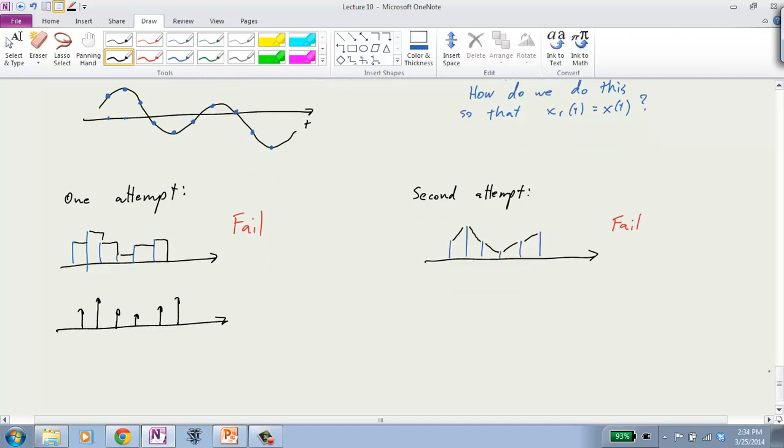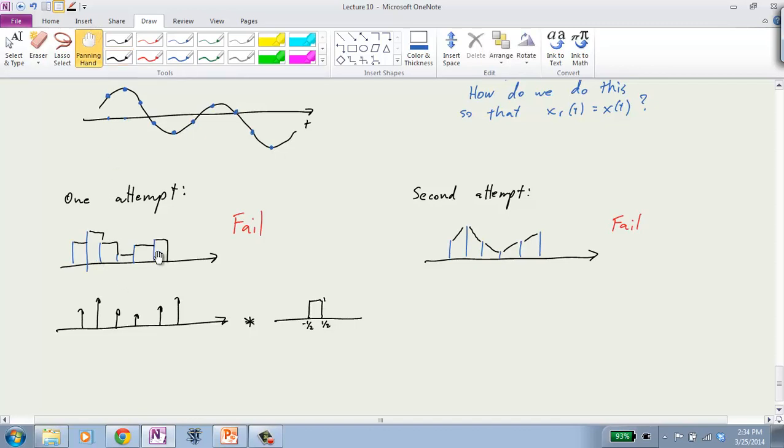Now it's continuous time, but it's like our continuous time representation of a discrete time signal. If you convolve that with the rect, you'll get the zero order hold.